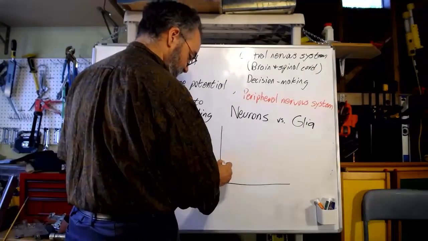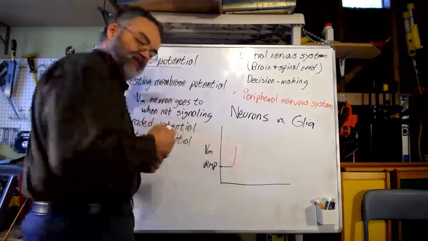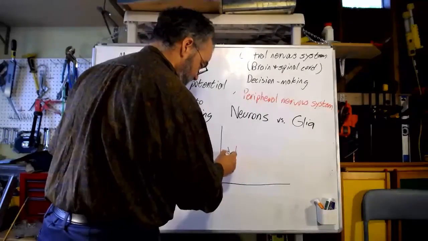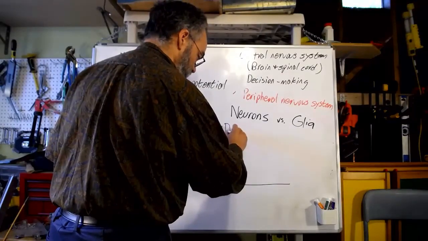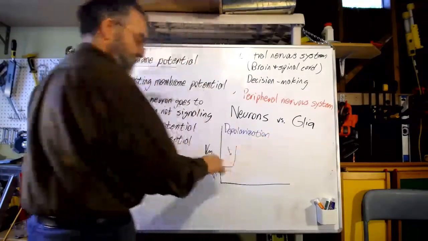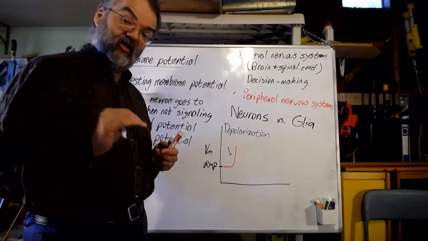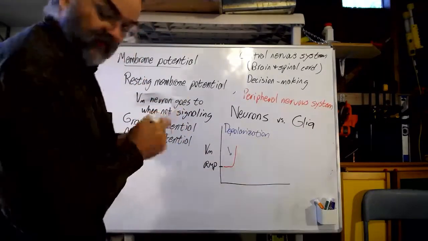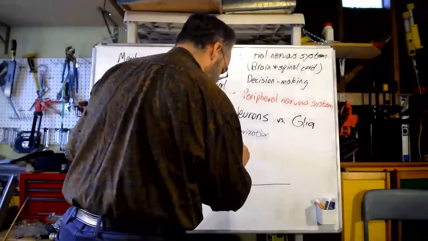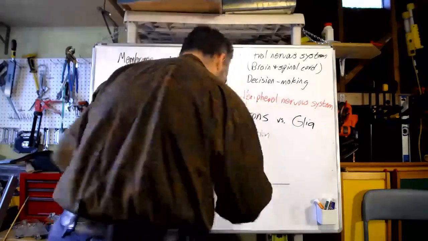If the cell's membrane potential becomes more positive than resting membrane potential, that is what we call depolarization. Membrane potentials going more positive than resting membrane potential we call depolarizing. Membrane potentials going more negative than rest we call hyperpolarizing.